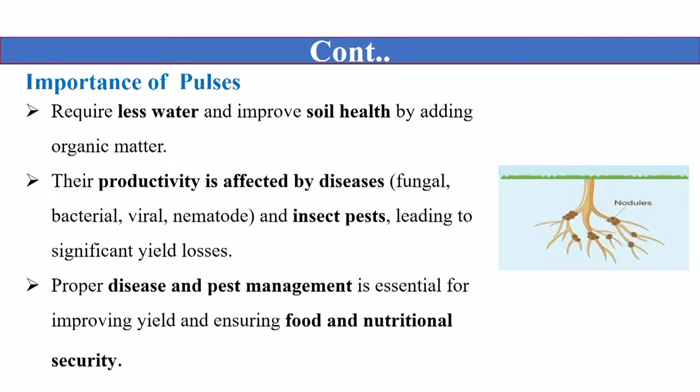There are so many kinds of biotic as well as abiotic factors responsible for causing diseases, and insect pests also lead to significant yield loss. Dear learners, proper disease and pest management is essential for improving yield and ensuring food as well as nutritional security.